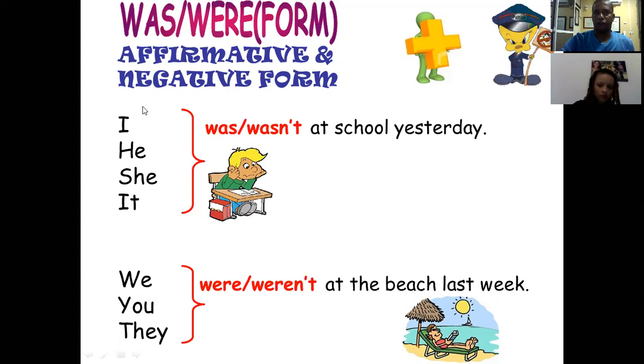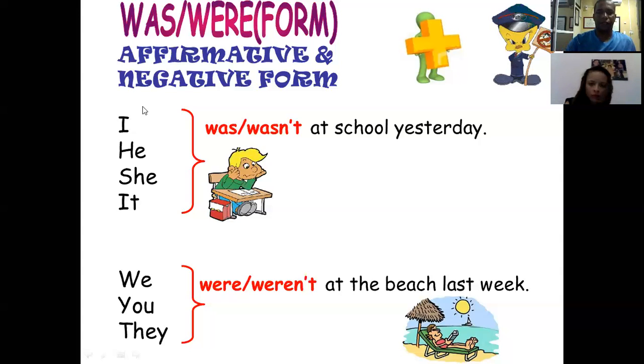We also use it with a duration, with a start and a stop in the past. We use the simple past to describe a habit with a stop in the past. We use the simple past also to describe past facts or generalizations which are no longer true.